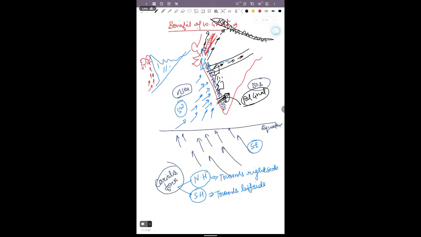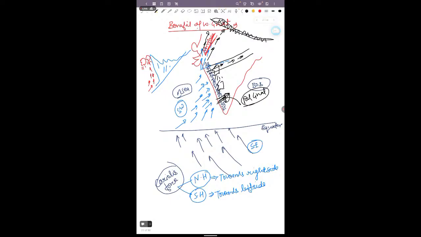Some other limbs of the southwest monsoon flow between the Satpura and the Vindhyan mountain systems, through the Rift Valley, and reach the middle of Madhya Pradesh and some part of Chhattisgarh and other regions, and here they also precipitate.